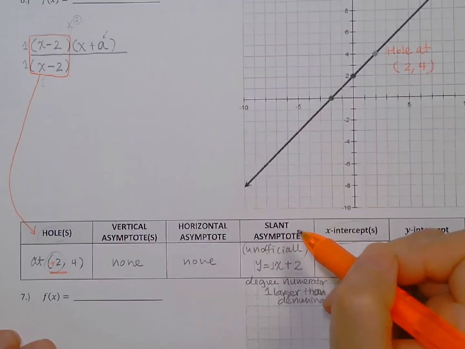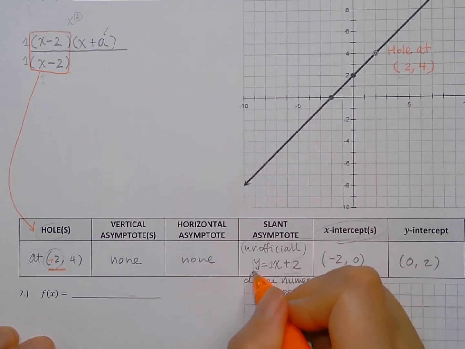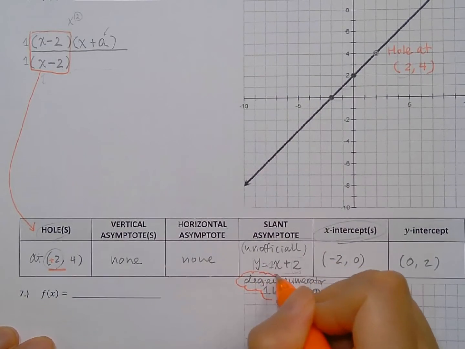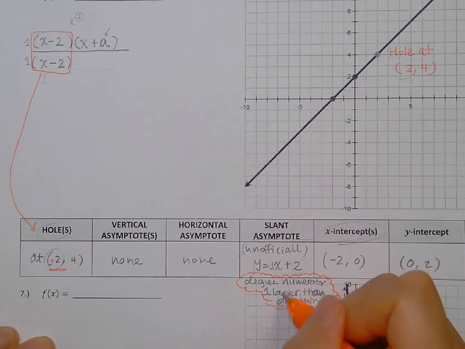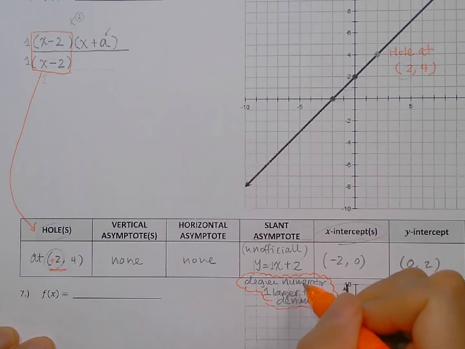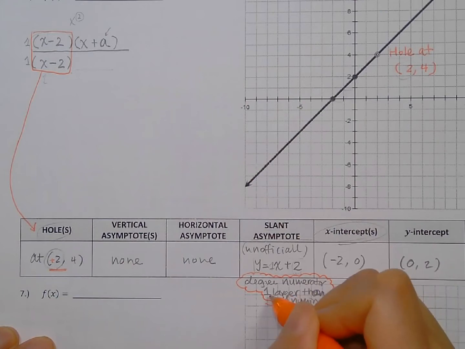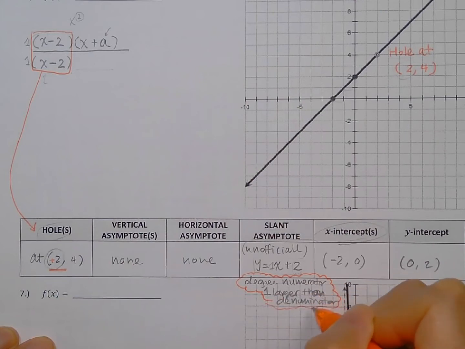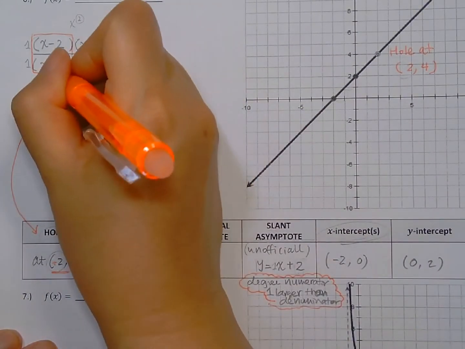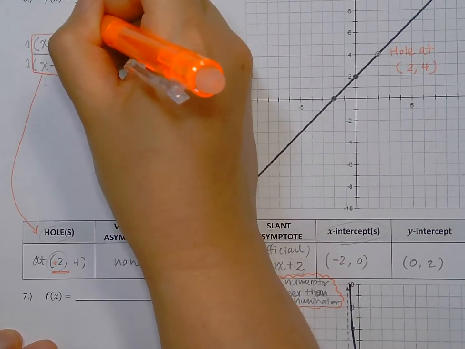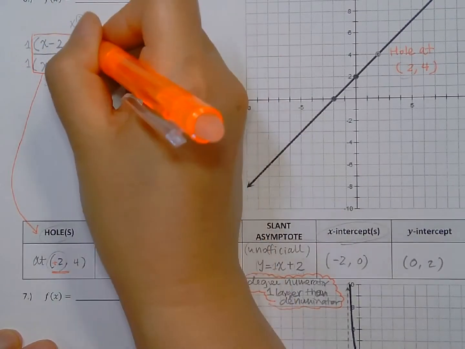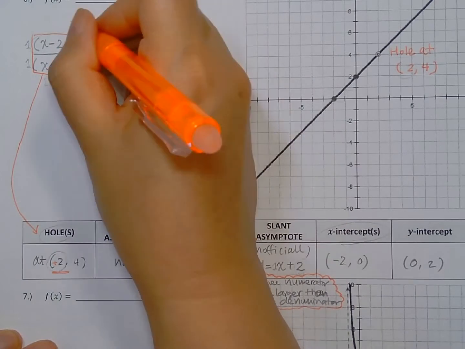Then no horizontal asymptote, but a slant asymptote. Then we know for sure the case that gets us a slant asymptote is when the degree of the numerator is 1 larger than the degree of the denominator. So the degree of the denominator is 1, then I have to make the degree of the numerator 1 more. It's 2.